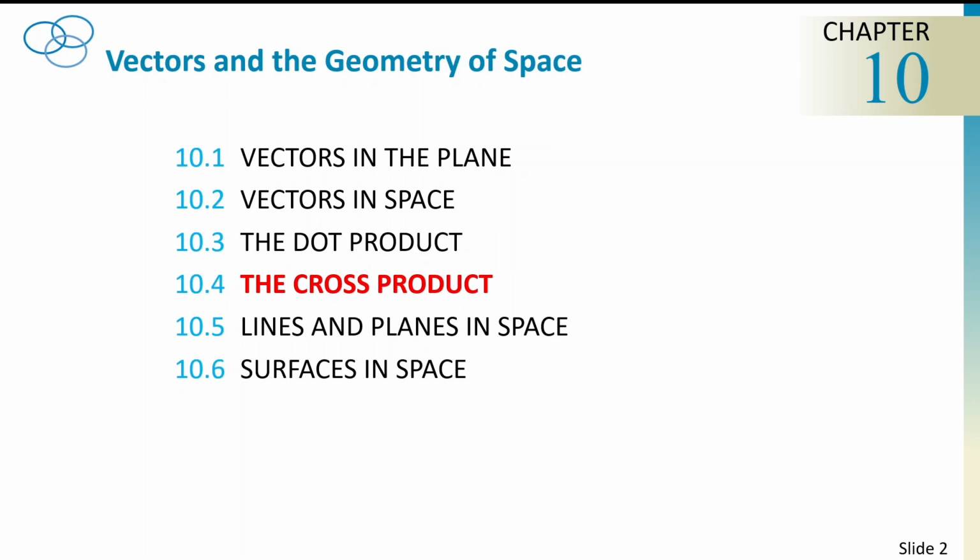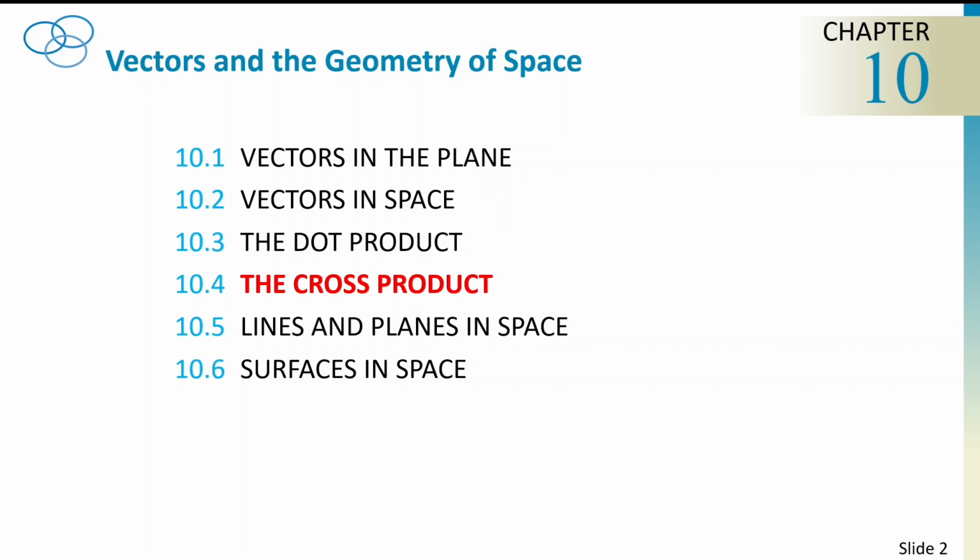Before we start dealing with the cross product of vectors, I need to prepare you with one tool that we need in order to do the cross product. This tool is how to find the determinant of matrices.